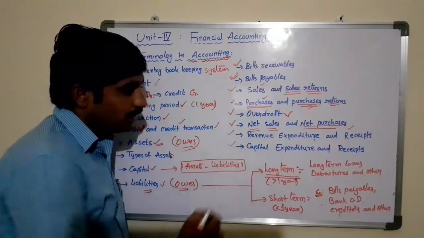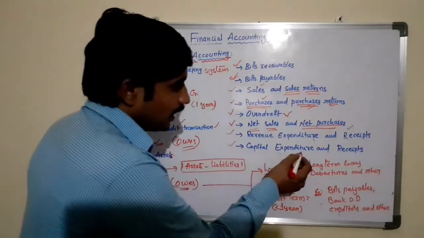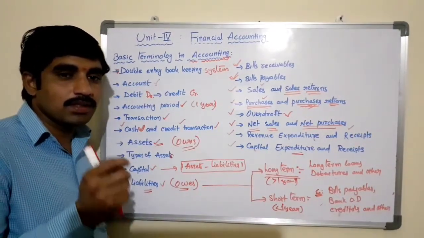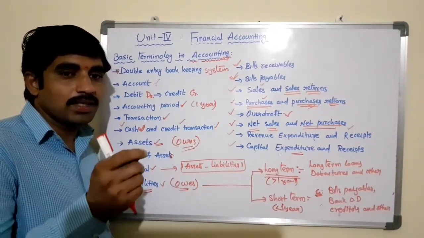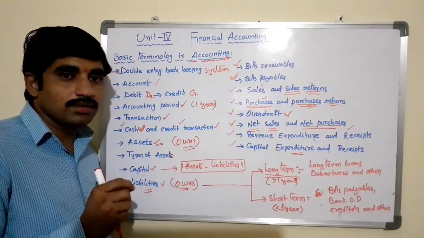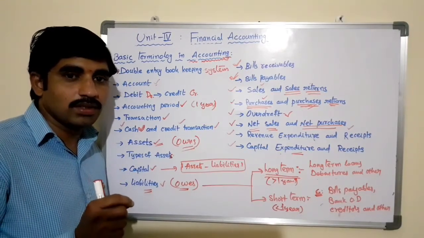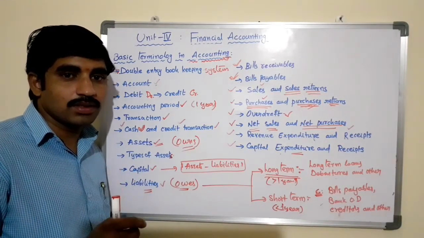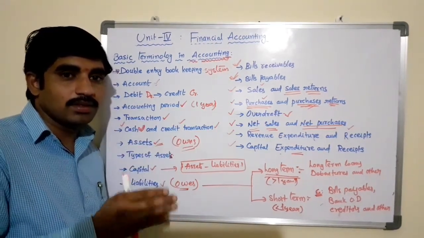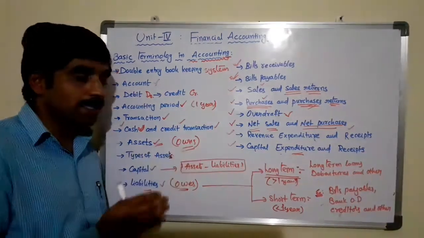And then capital expenditure and capital receipts. Capital expenditure is an expenditure that the business incurs on purchasing fixed assets: land, plant, machinery, technology, vehicles, computers, any fixed asset that we are acquiring or purchasing by using capital.